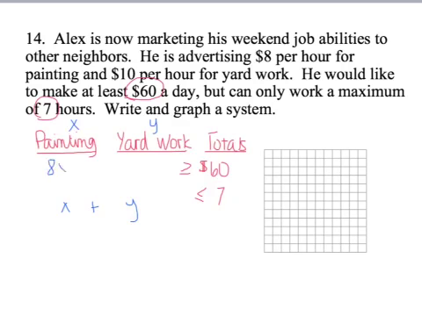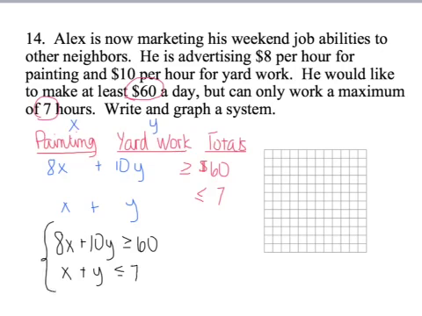So the money that he brings in painting is going to be multiplied by the number of hours he works times 8. In the yard work, he's $10 per hour. So I take the number of hours he does yard work, multiply that by 10. That sum needs to be greater than or equal to 60. So these are my inequalities. 8x plus 10y is greater than or equal to 60. And x plus y is less than or equal to 7.